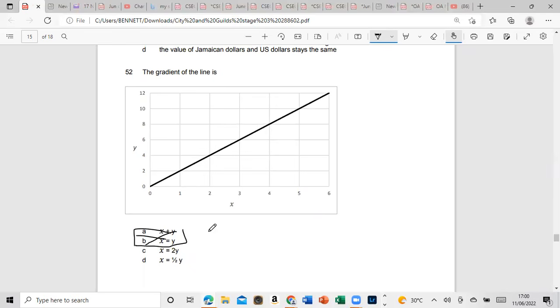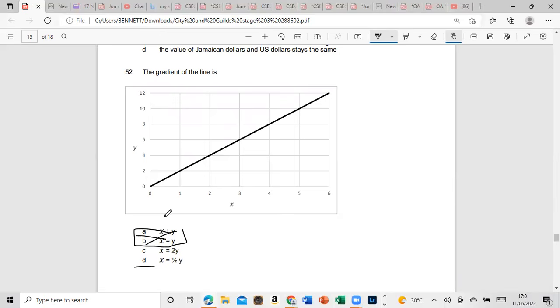Look now, x is 1 while y is 2. So the gradient will actually be 2. So x is equal to half y.